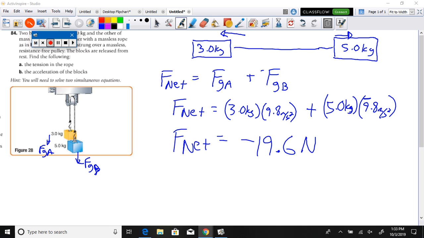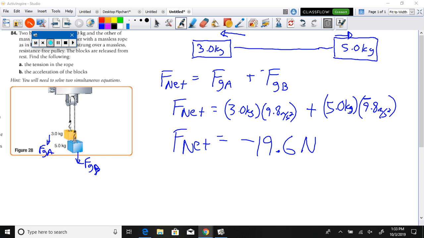That's a great job there. That's fantastic. If our net force is negative 19.6, then is the whole thing, both blocks, going to move that way?